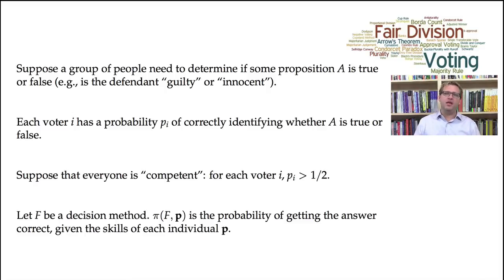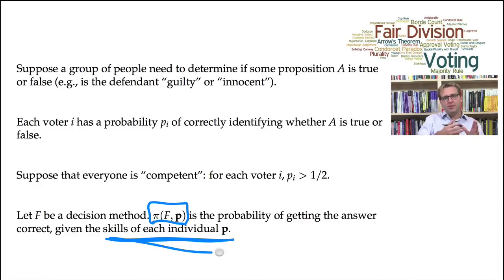Now, let F be a group decision-making method. So the idea is we're interested in whether or not the proposition A is true or false. All the voters get together. They report their opinions about whether A is true or false, and we need to somehow aggregate all of those opinions. Now, let pi of F, P be the probability of getting the answer correct given the skills of each of the individuals.